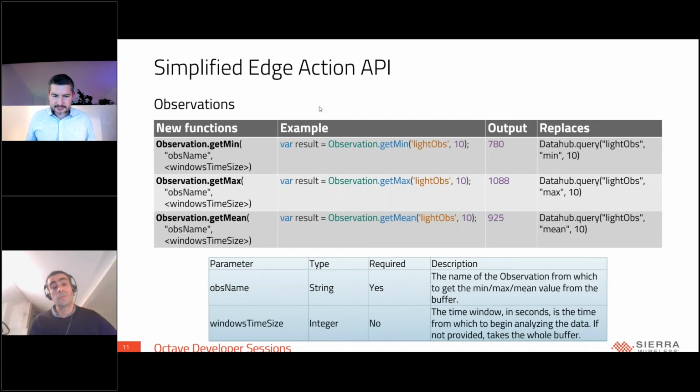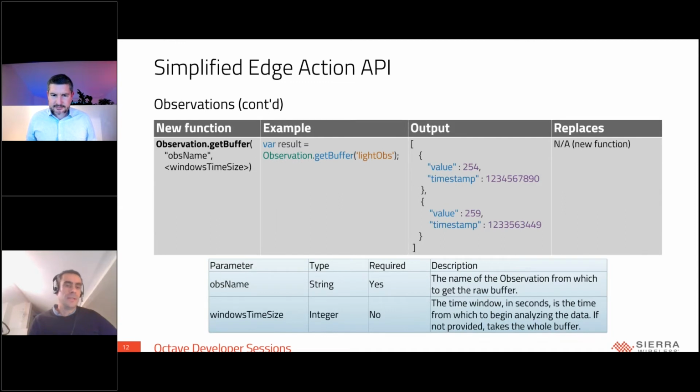The parameters are almost the same as before. We have to indicate an observation name and a value, which is the time window where we want to get the samples. This parameter is optional; if it's not provided, then we take the whole buffer. And finally, this is a new function.